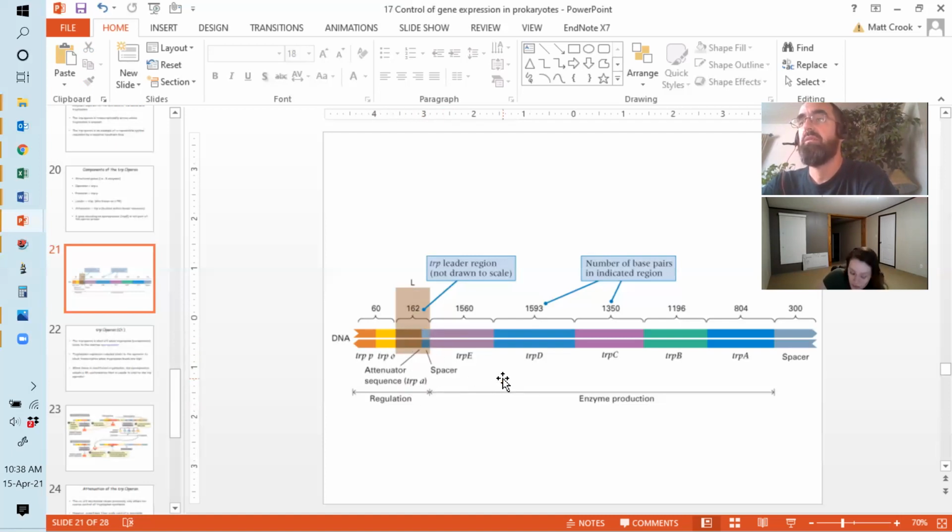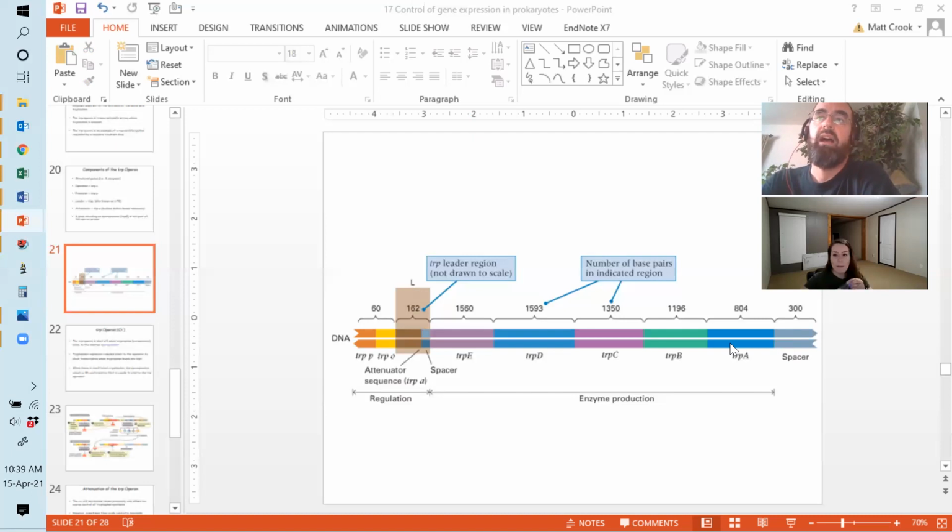This is like the sequence that you would expect to see down here after the TRPA structural gene, right? So down here, there's got to be something that stops transcription, right? So RNA polymerase just doesn't keep going off in the boonies. That may or may not, I don't actually know for sure, but that may also be one of those terminator loops.